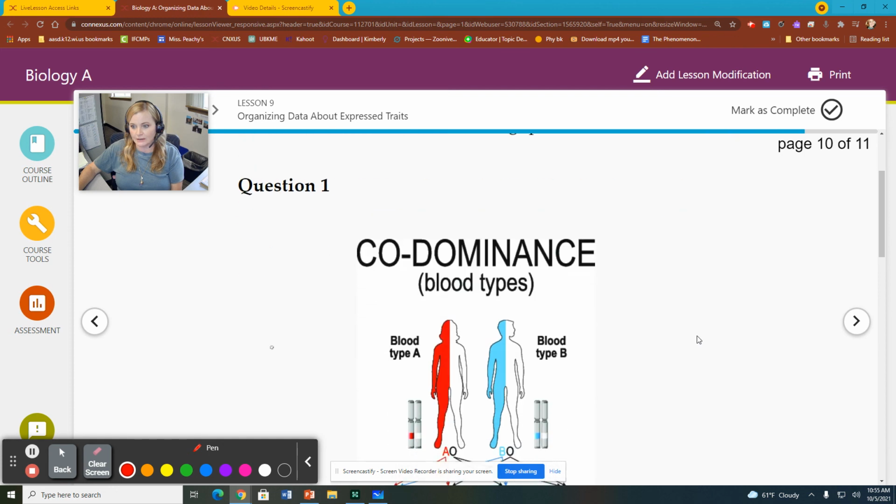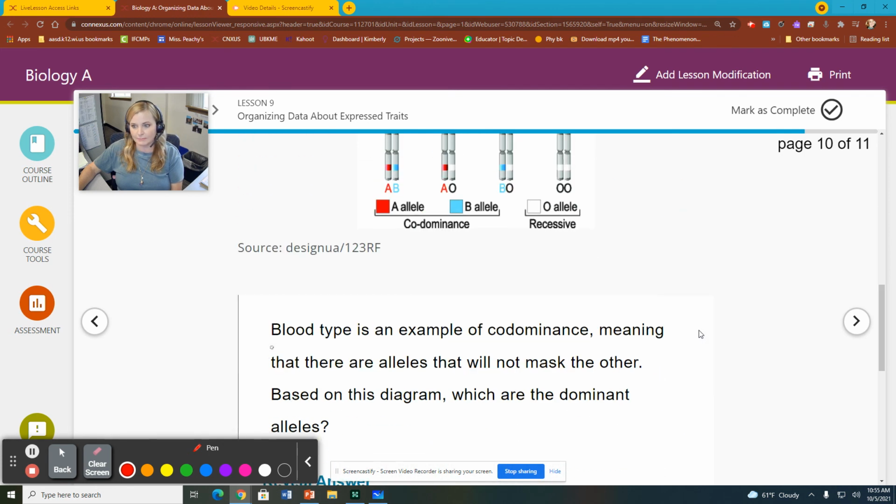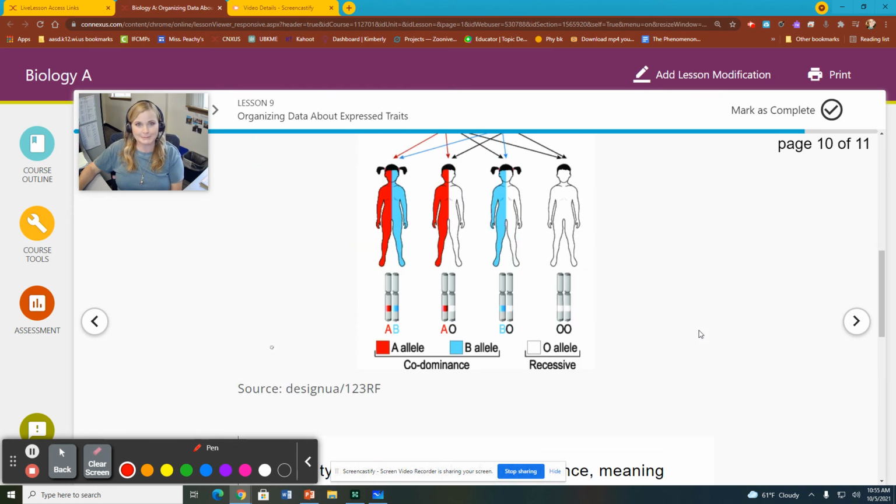It does go on to talk a little bit more about codominance when it comes to blood type. Blood type is weird because blood type is both codominant and absolute dominance. So you have two alleles that are codominant to each other, and then one allele that's recessive to both of those. So A and B are codominant, O is recessive to everything.